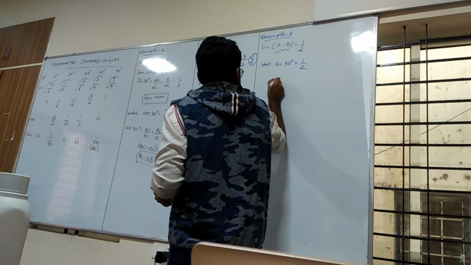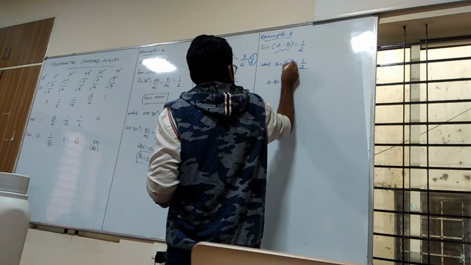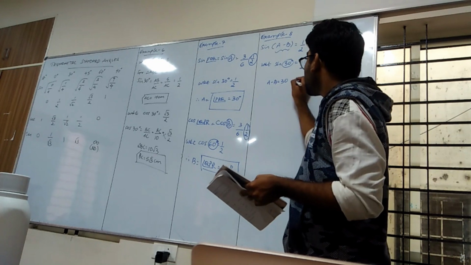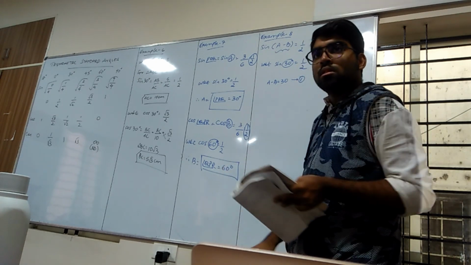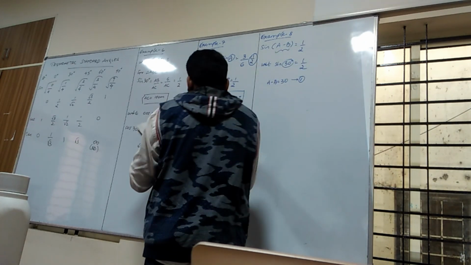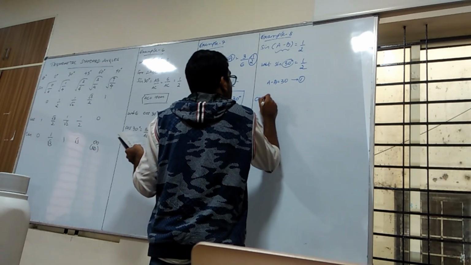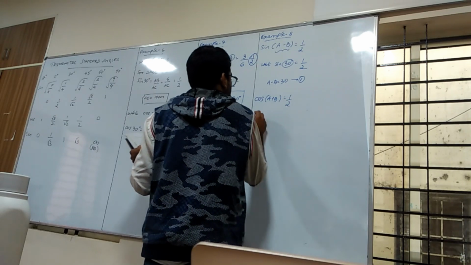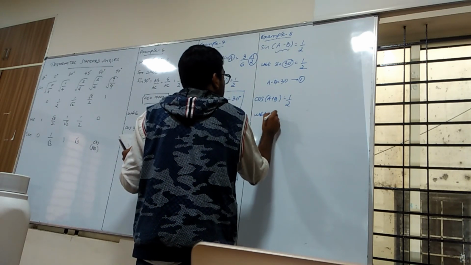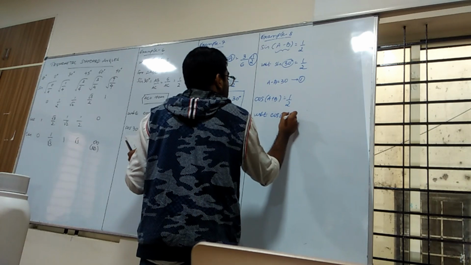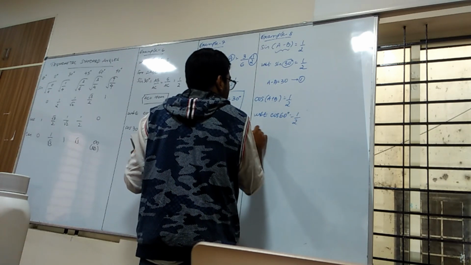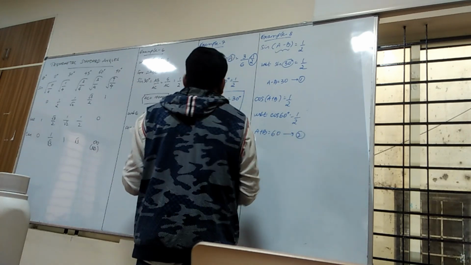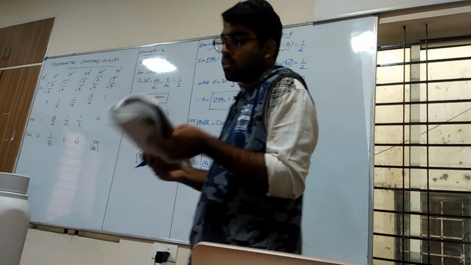So A minus B is 30 degrees. I'll take this as equation number 1. Then cos of A plus B is equal to 1 by 2. Cos 60 degrees is 1 by 2. So A plus B is 60. Equation 2.